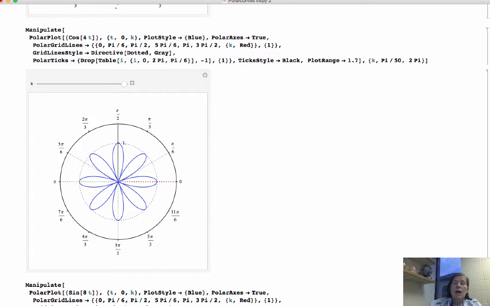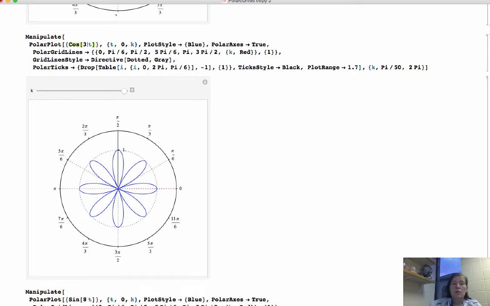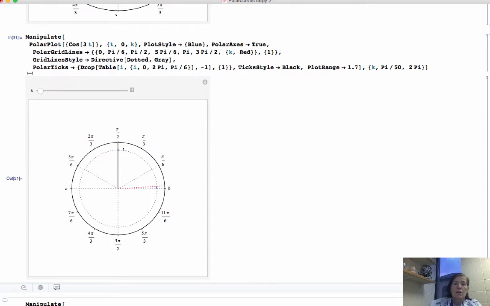So whenever you're graphing r equals cosine 4 theta, or even r equals sine 4 theta, you're going to get this flower with 8 petals. Now, if we change to cosine 3 theta, then the graph looks a little different.